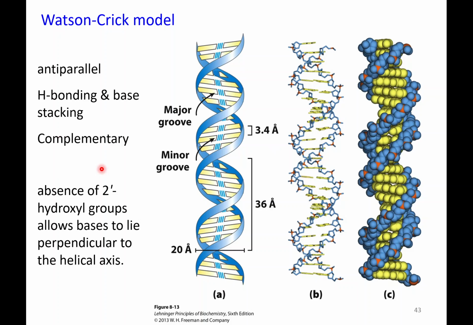They're complementary sequences, meaning their nucleotides are matching A with T and G with C. The absence of the 2' hydroxyl groups allows bases to lie perpendicular to the helical axis. So the helical axis would be going this way, and the bases are perpendicular to that. You can think of them as flat or horizontal in the vertical helix plane.